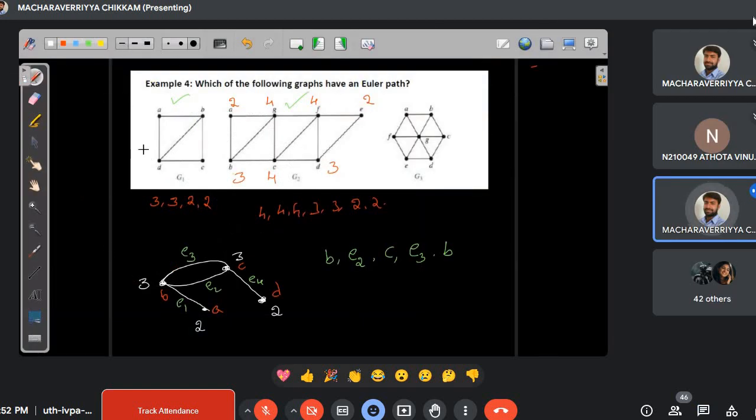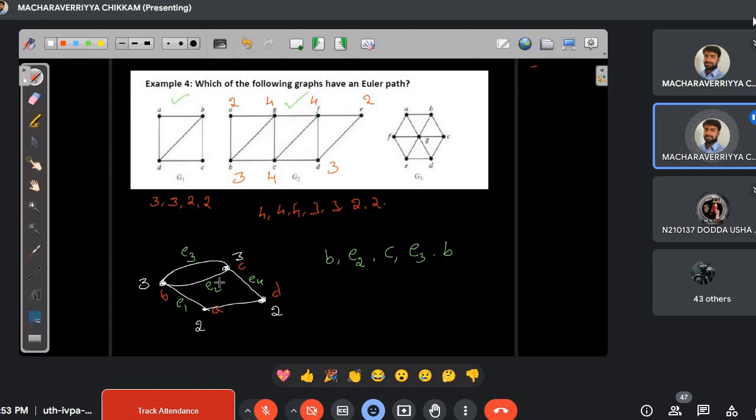Okay, let us do one thing. Let's establish a connection between them so that what I said becomes correct. So A and D are degree 2 vertices now. Okay. So now I hope we can get it. So from B you travel on E2, then to C, then you travel on E3, you come to B, right? So E2, E3 are over.